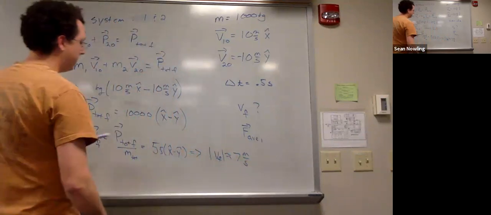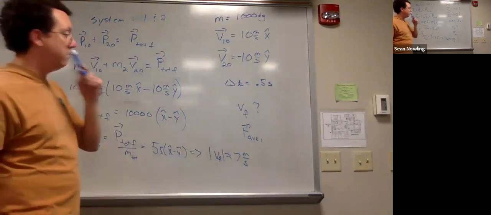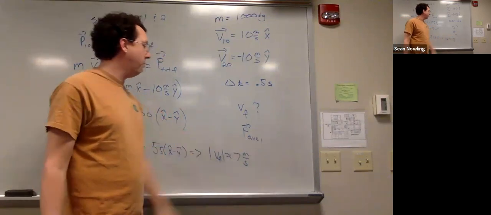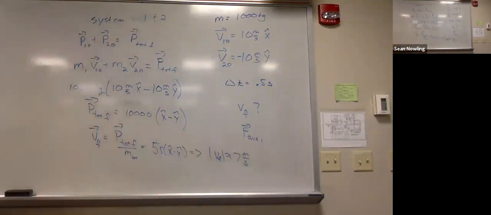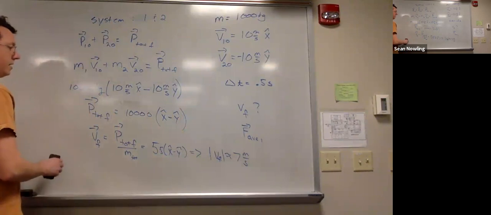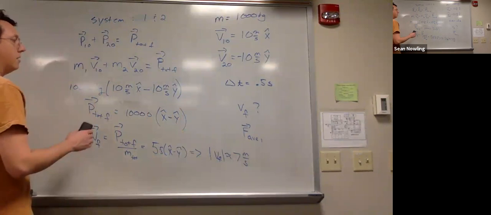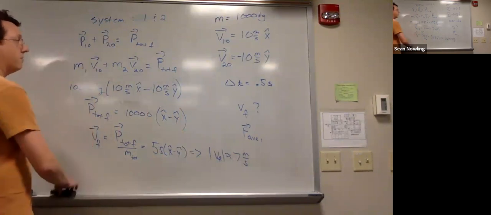Okay, the last part of what I wanted was to find the average force on particle 1, or car 1. So to do that, I'll have to write down here the initial and final velocity.